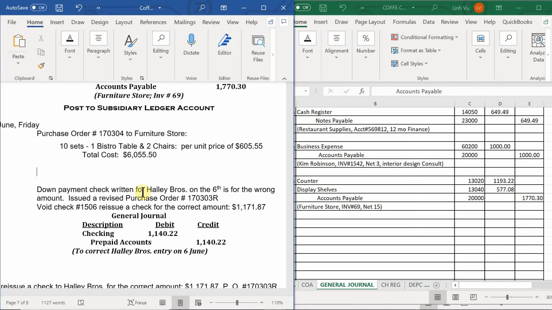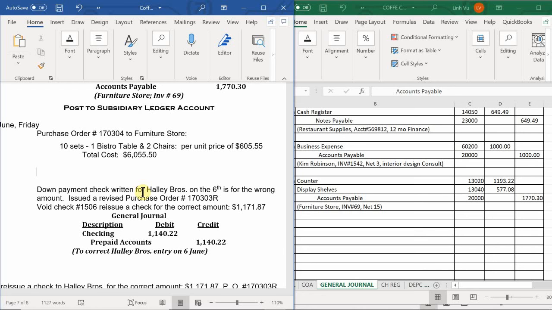So I'm first going to journalize this. The way to fix this error in this journal is the reverse and re-entry method. Let's do that first, and then we'll void our check, revise the purchase order, and then rewrite a new check.